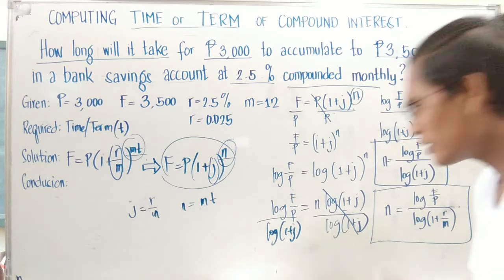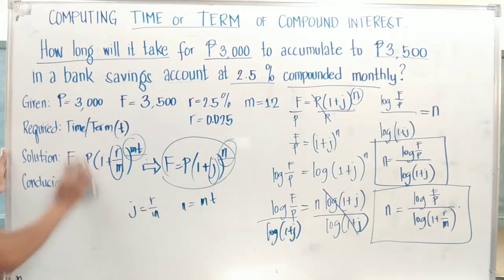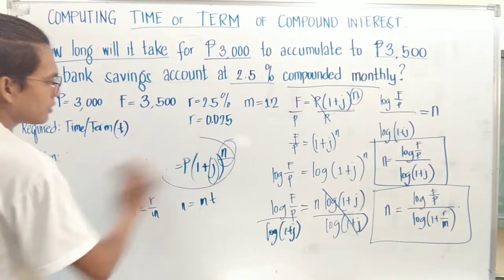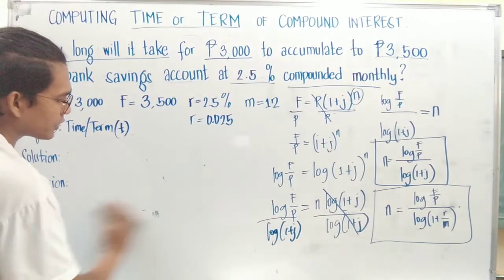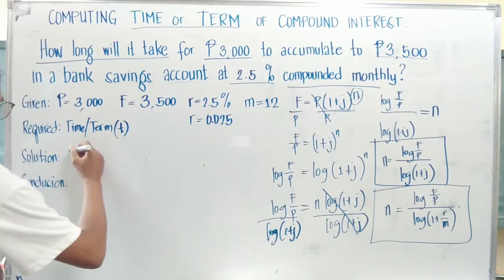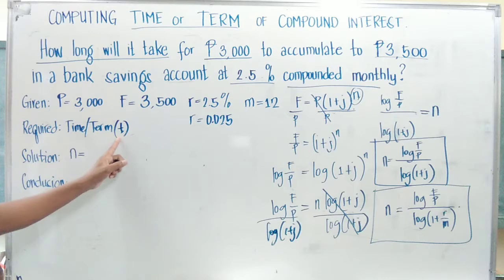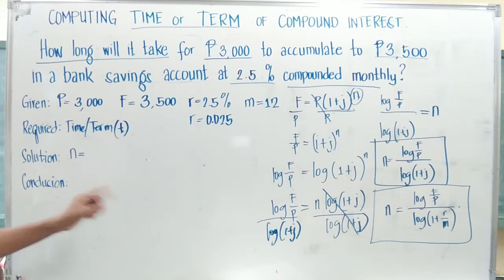Okay, so let us proceed to your first example, as we have derived the proper equation that we will use in computing the time or the term of the investment. For our solution, we will be using this equation n. Again, you might be confused because the required time or term is our variable t, and in our solution we will be using n. I will discuss that later.